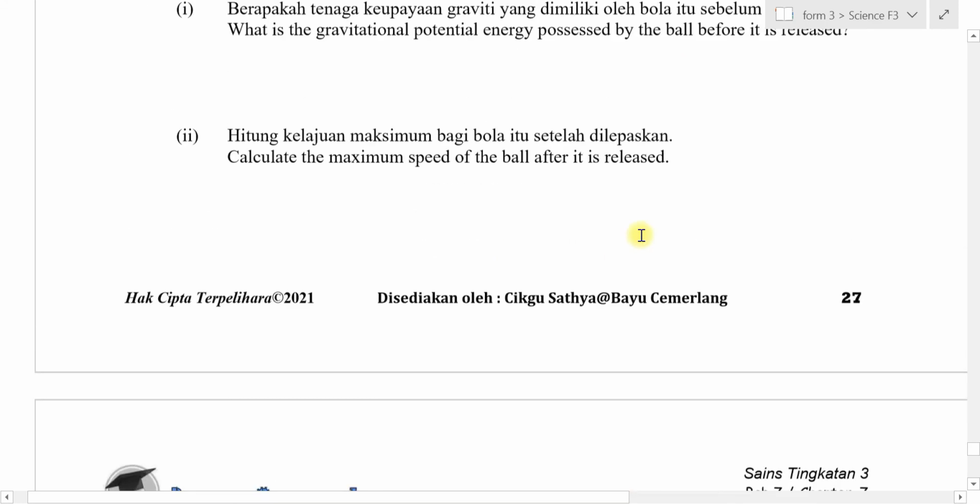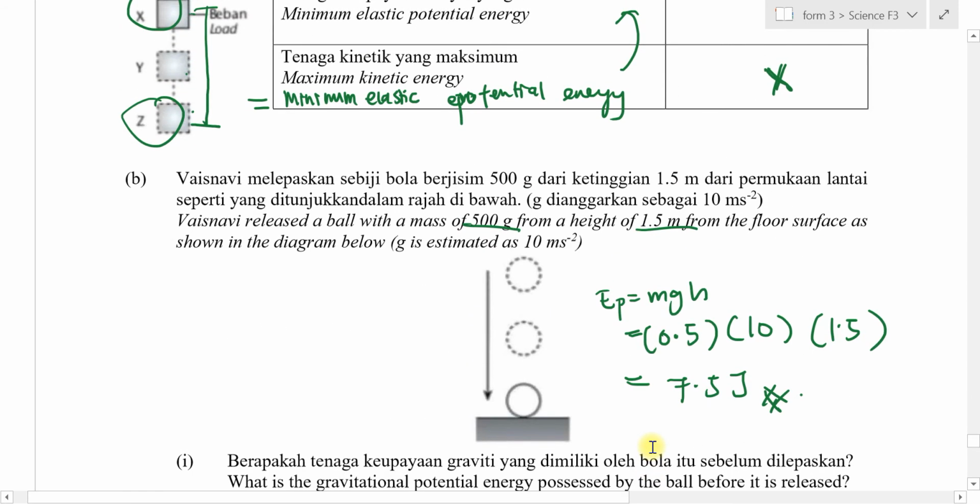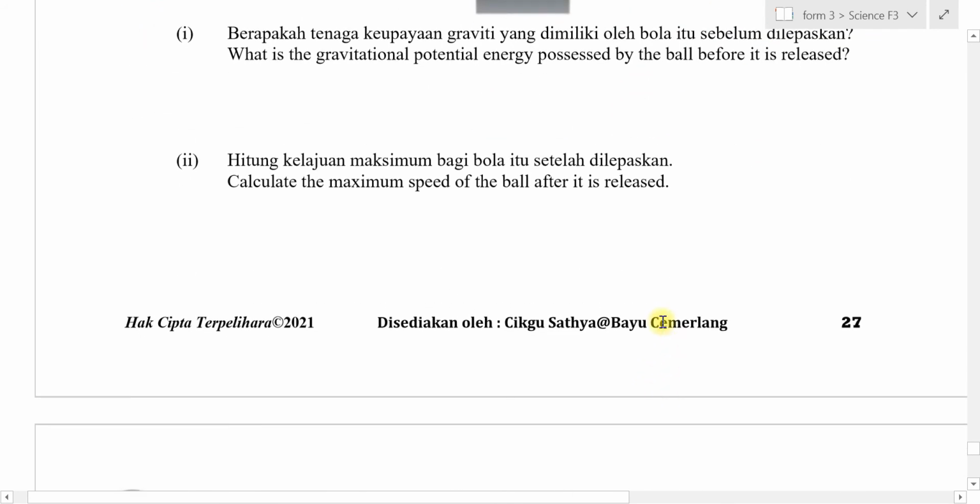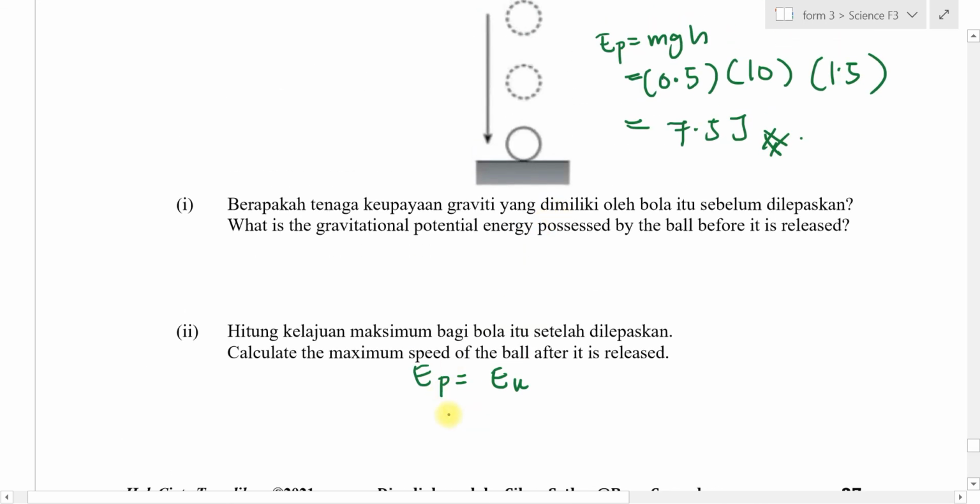Calculate the maximum speed of the ball when it is released. They're asking for maximum speed, so we know that EP is equal to EK. EP is 7.5, so EK is easy.